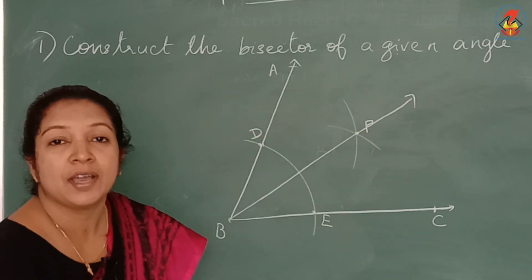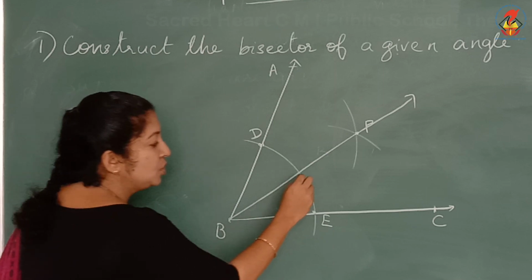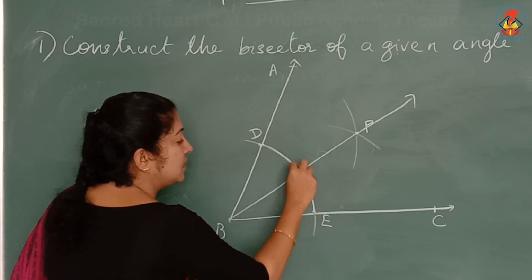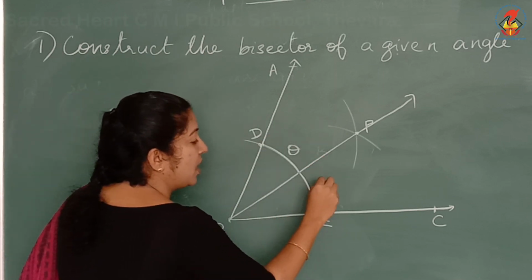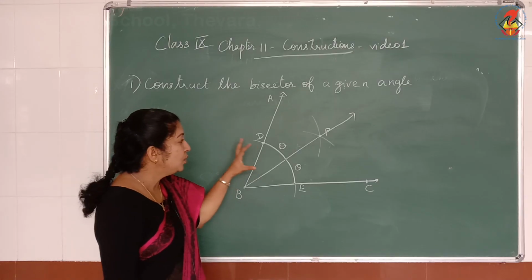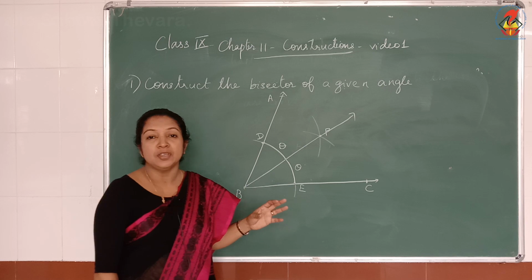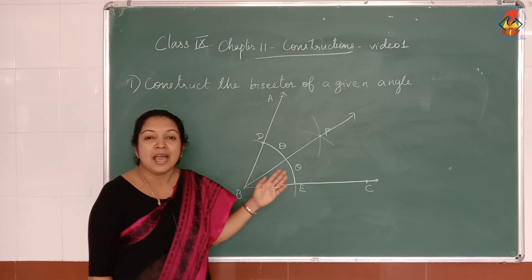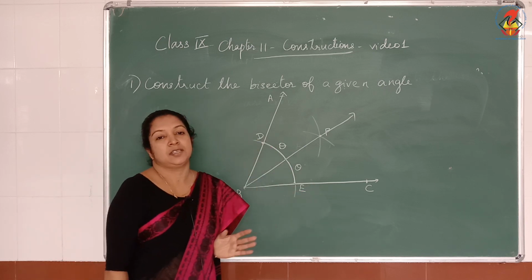This is the required bisector. If you measure, you can see that these two angles are equal. So this is the angle bisector of the given angle ABC.